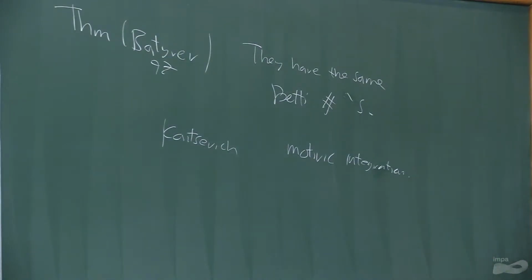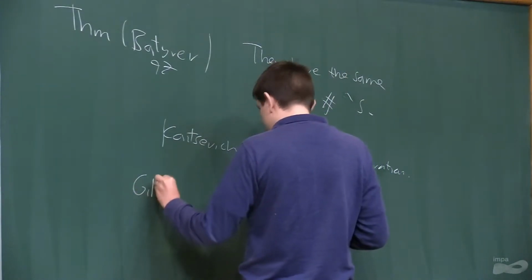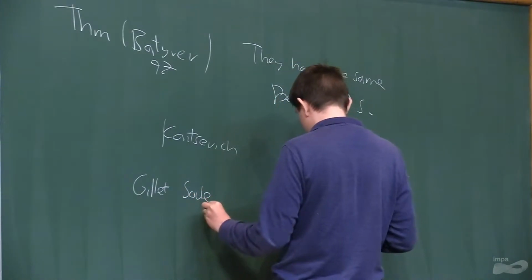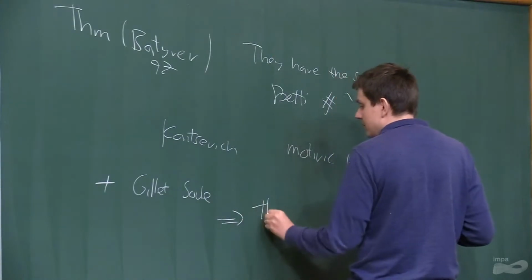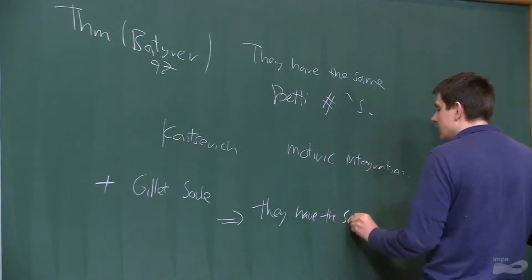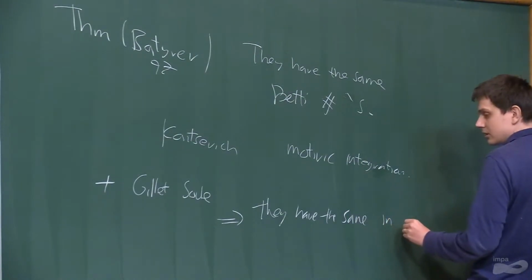And if you use this idea of Kontsevich and combine it with some work by Gillet and Soulé, then you can prove that they have the same integral cohomology groups.